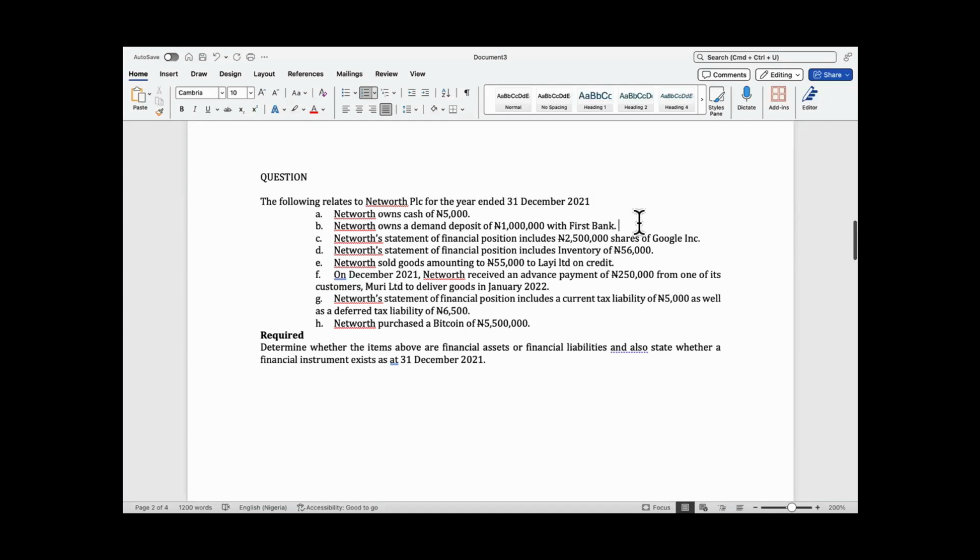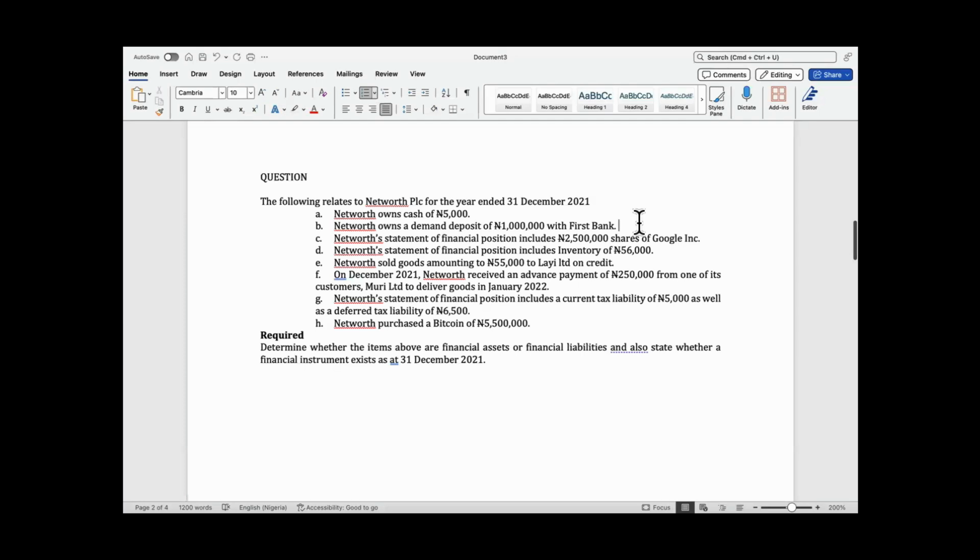And there's a financial instrument. That's the answer for B. I think a demand deposit is a financial asset.